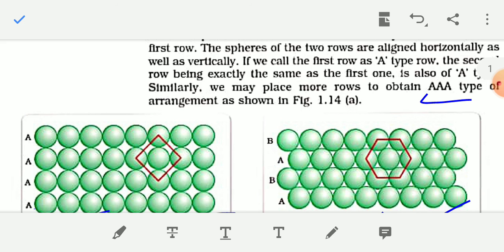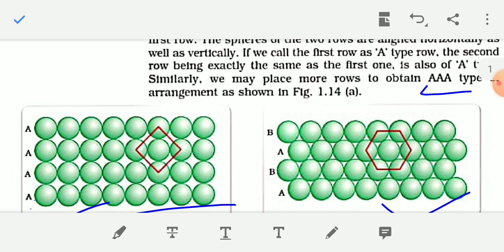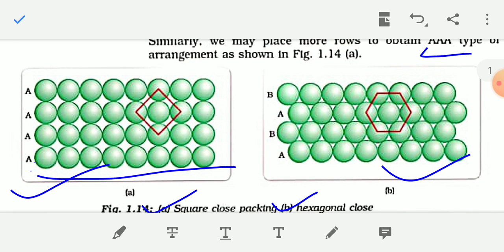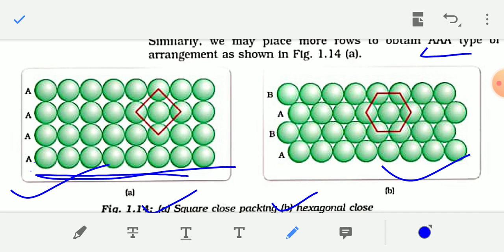Similarly, we may place more rows to obtain an AAA type arrangement. So two dimensional square close packing is also known as AAA type arrangement, because in it all rows are identical. You can see they are identical horizontally and vertically, in both directions.